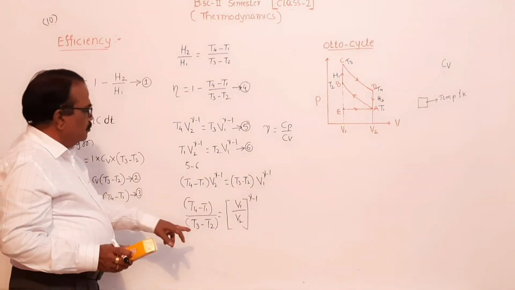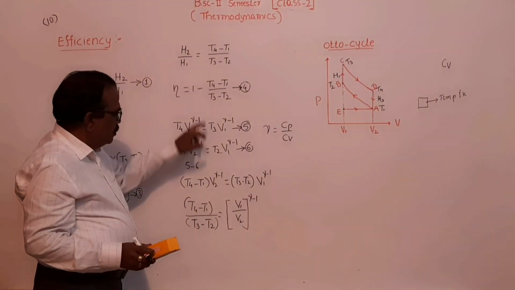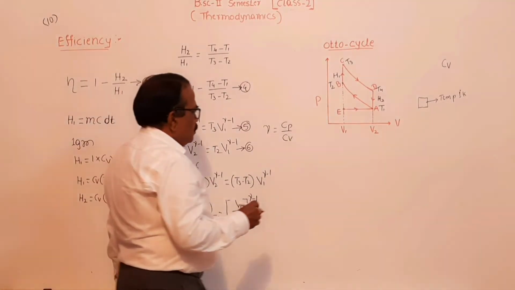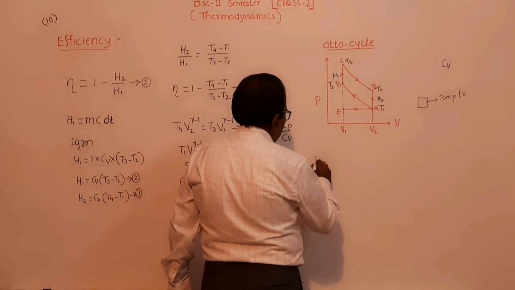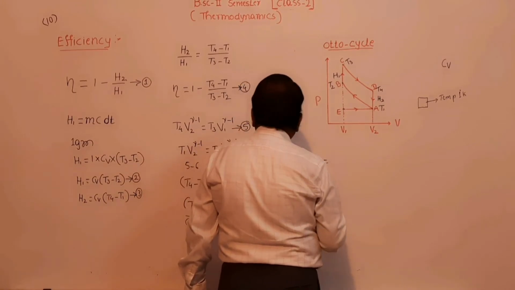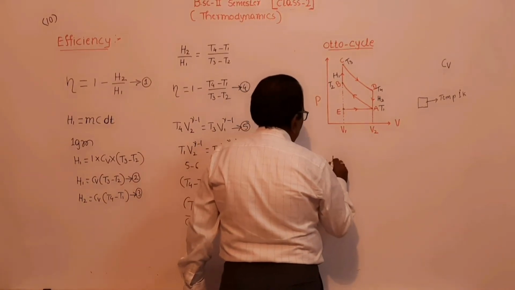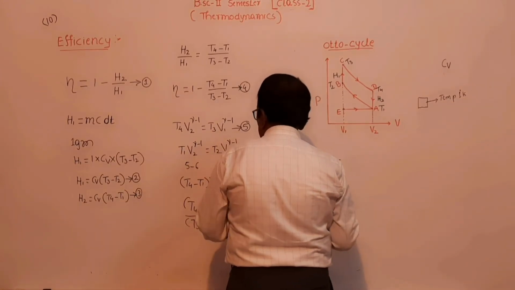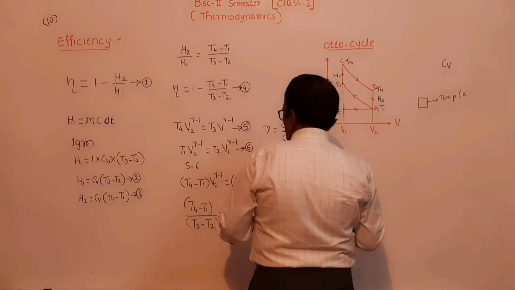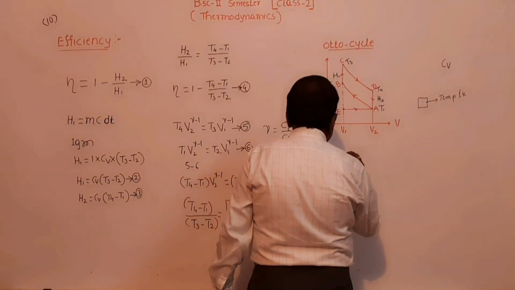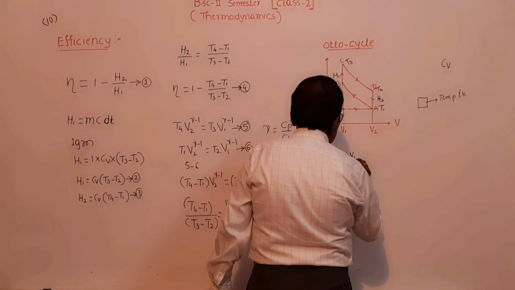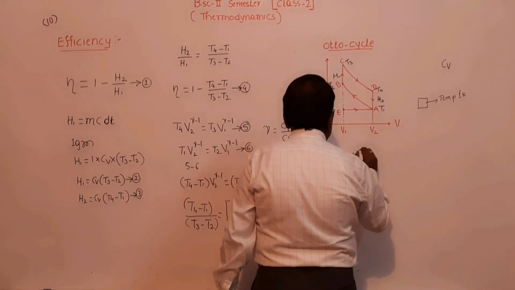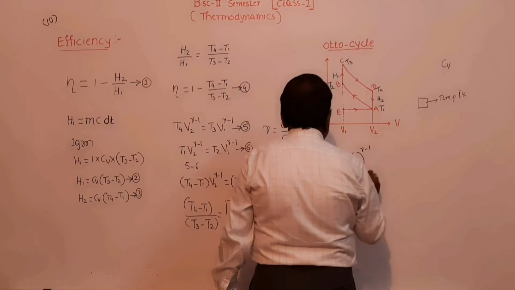And substitute this T4 minus T1 and T3 minus T2 in equation 4. Your efficiency eta is equal to 1 minus V1 upon V2 into nu minus 1.